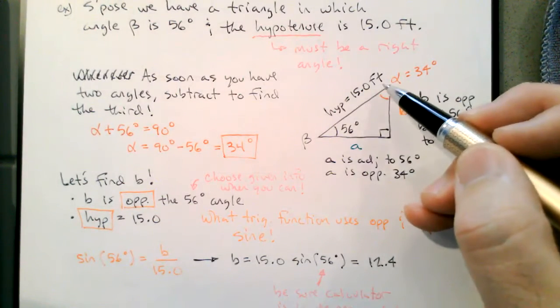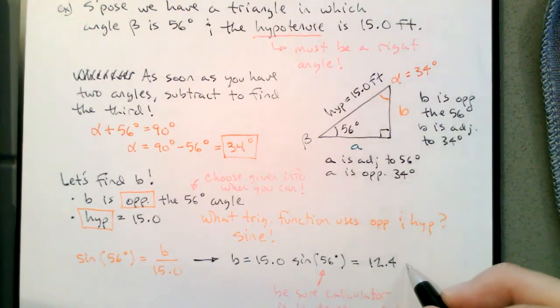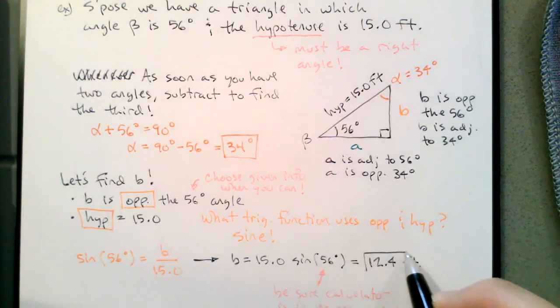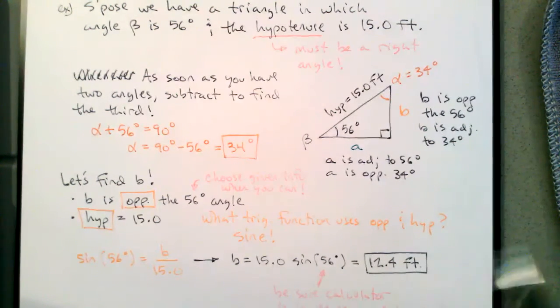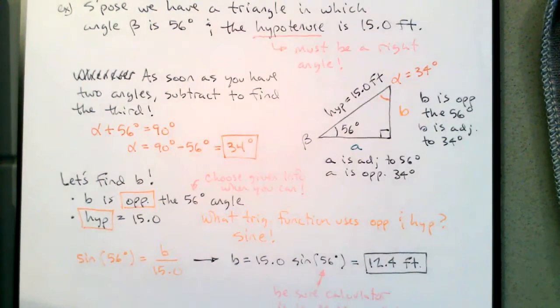And since the 15 was in feet, the 12.4 will also be in feet. So now we're starting to fill out the information in the triangle. There's only one piece of missing information, and that's side A.